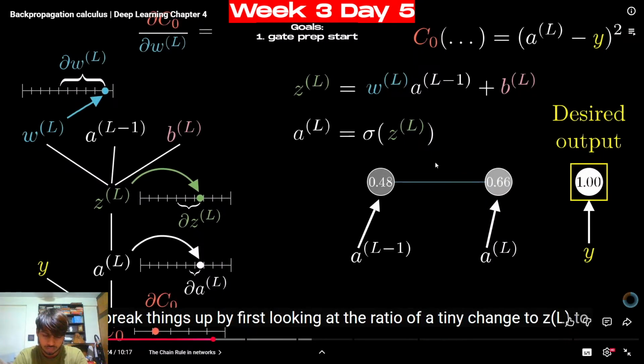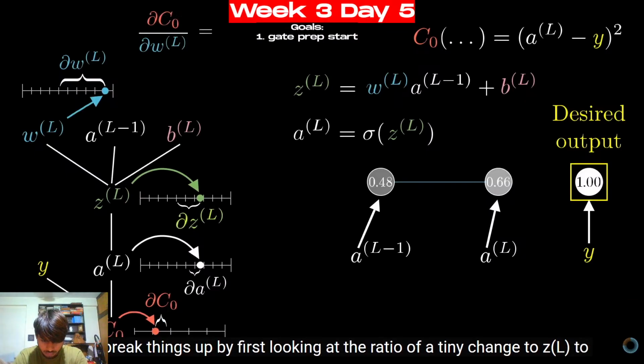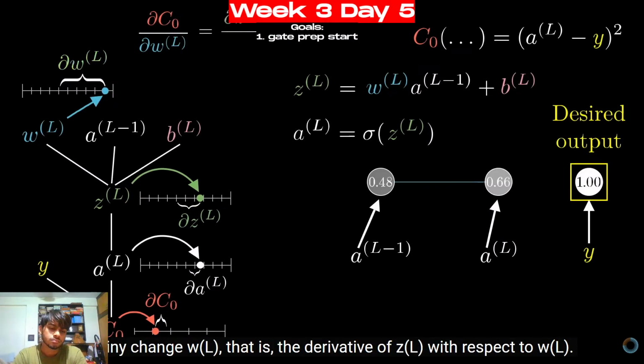So we break things up by first looking at the ratio of a tiny change to ZL to this tiny change in W. That is, the derivative of ZL with respect to WL.